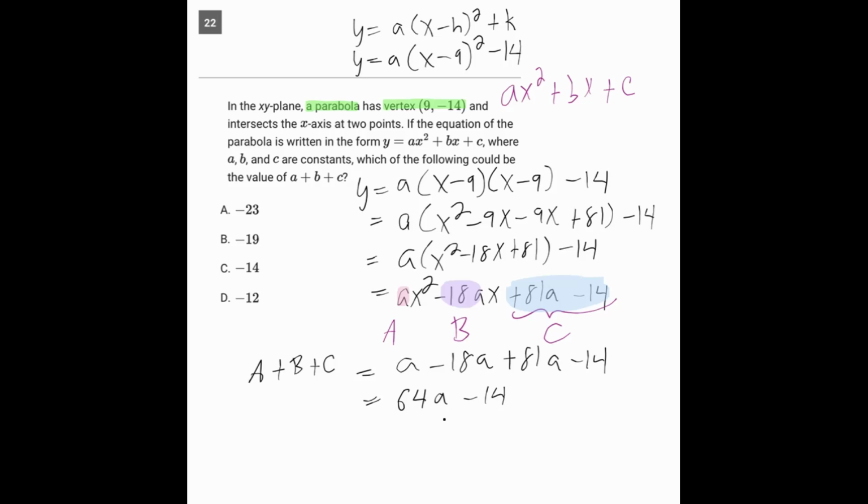Now from here, the question had been telling us that this parabola intersects the x-axis at 2 points. So let's just visualize that a little. You have an xy axis, you have a vertex at 9, -14. So it's below the x-axis. And if the parabola hits the x-axis at 2 points, then it hits it right here and right here.